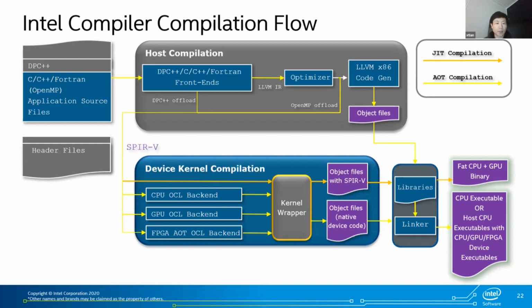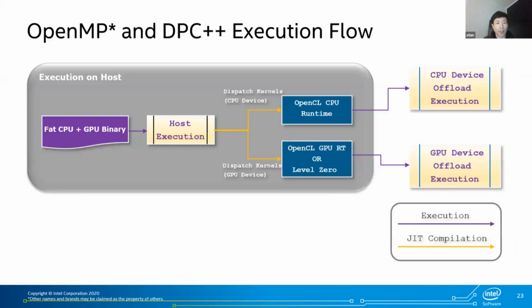The communication between the front end, the optimizer middle end, and the back end uses SPIR-V, of course to build the fat binary. You can look at this flow to understand the details; I don't need to read through it. For JIT compilation with the fat binary, for the different devices we invoke a different backend to do the JIT compilation.